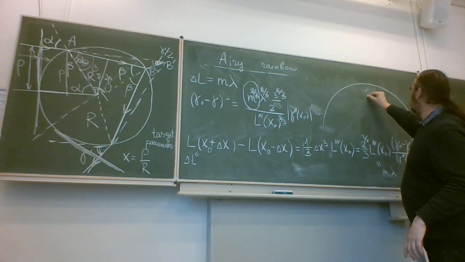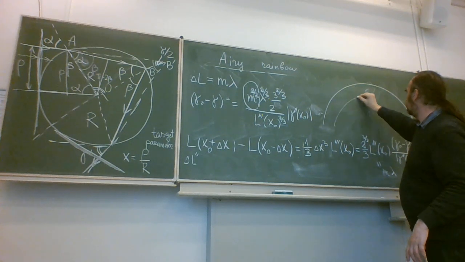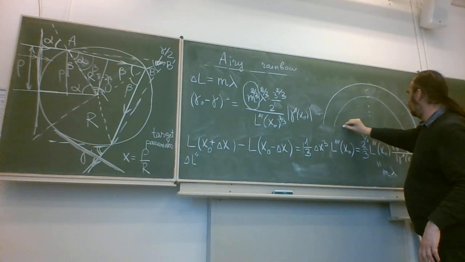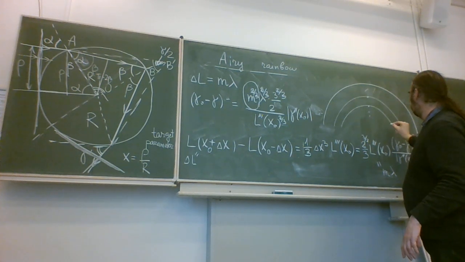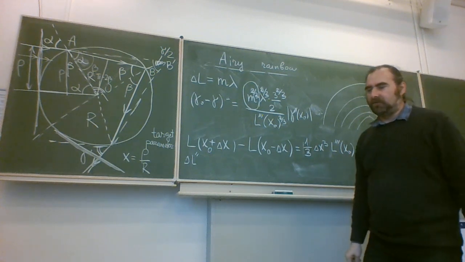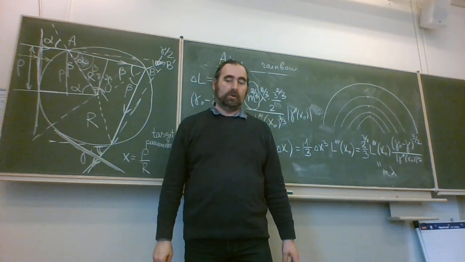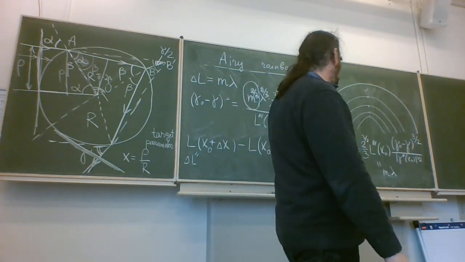So let me exaggerate a little bit, but it would be like that. So we will have first supernumerary bow, second supernumerary bow, third and fourth, and so on. Of course, in practice, you never see 4, because you really have to have very clean air, which we don't have. But that's how they should be.